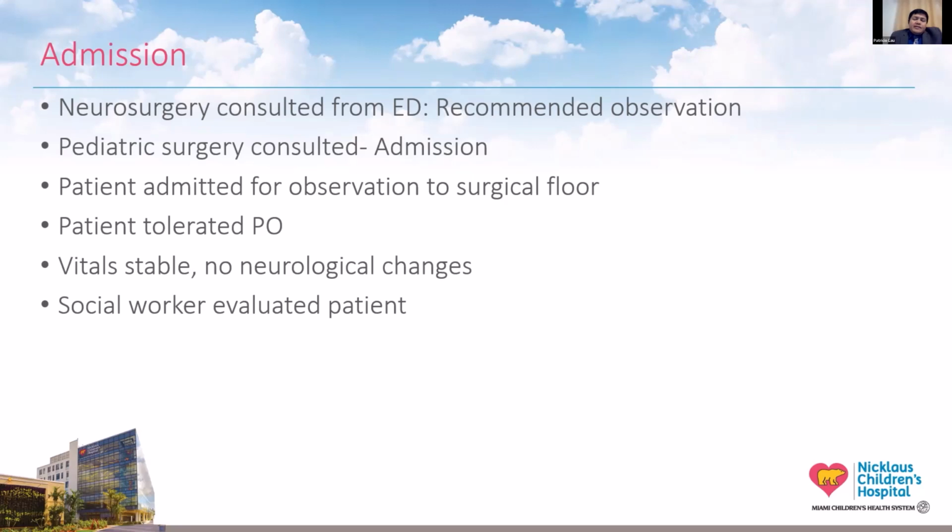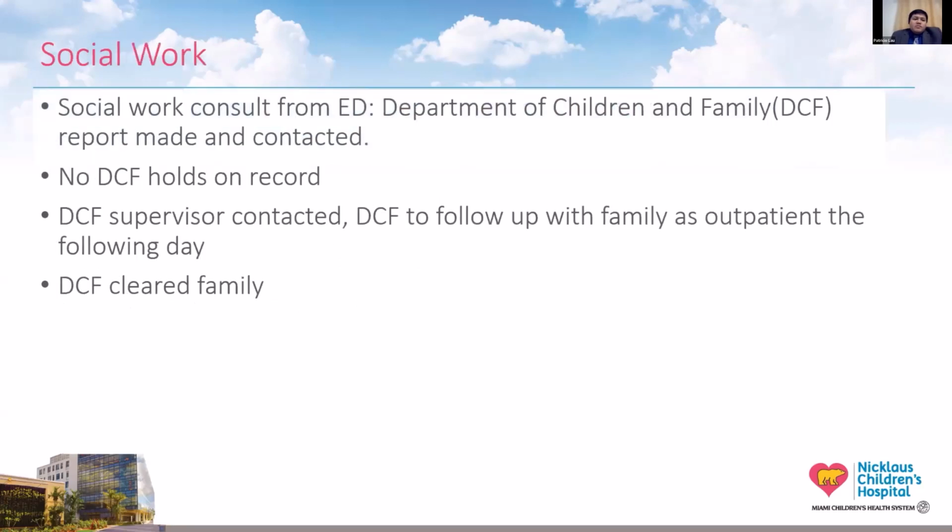Of course, since there's no surgical intervention to be done, the patient was placed on a regular diet. She was tolerating PO just fine. Her vitals were stable throughout. No neurological changes that she experienced, and the social workers were called to evaluate the patient.